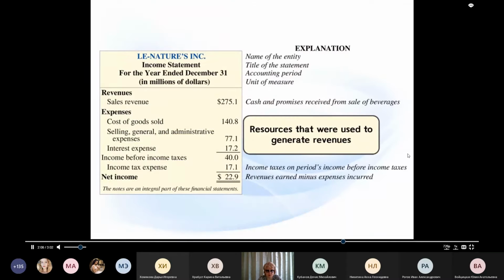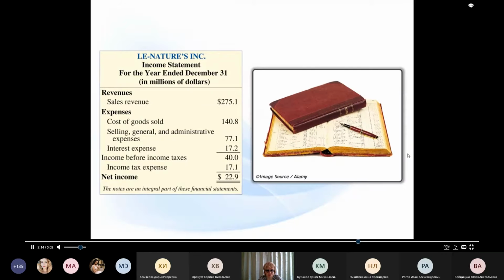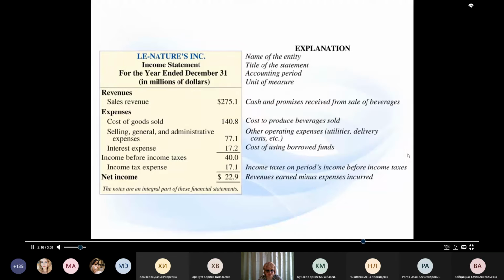Regardless of when the company pays the cash, if the business has used resources to generate revenues, the business records the expense for the period. Various terms are used in income statements to describe different types of expenses: cost of goods sold, selling, general and administrative expense, interest expense, and income tax expense.